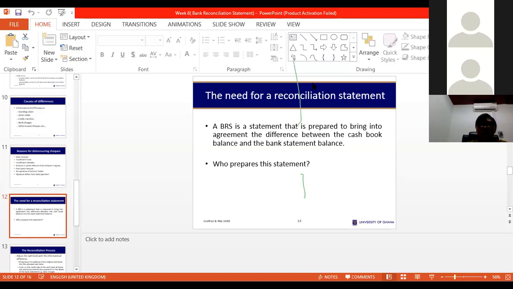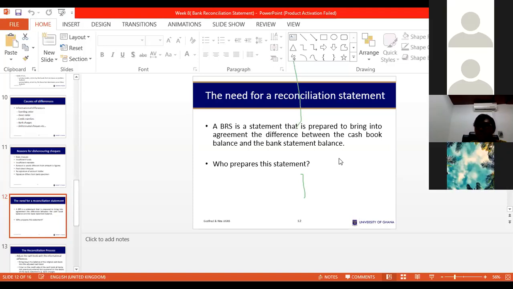Yes, who will help us out? Yes, Justice. Madam, please, to remediate the difference between the cash book and the bank statement. Okay, to correct the difference.